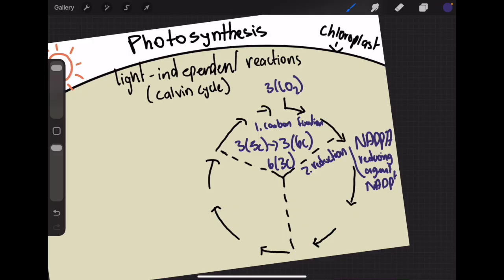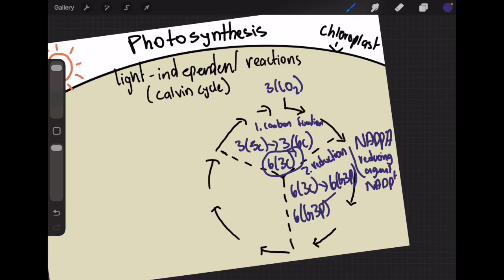So basically what we're going to do here is take these 6 phosphoglycerates, 3C, and convert them into 6 G3Ps.